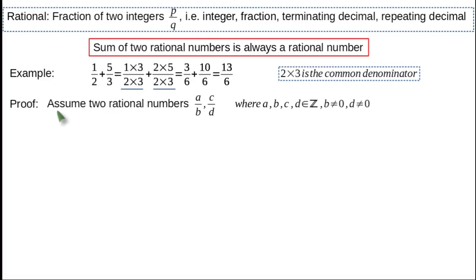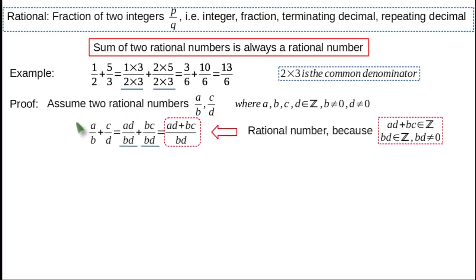We have to prove it. First, we assume we have two rational numbers, a over b and c over d. These two numbers can represent arbitrary rational numbers because a, b, c, d can be any integers, and b and d cannot be equal to 0. Now we add these two arbitrary rational numbers together.